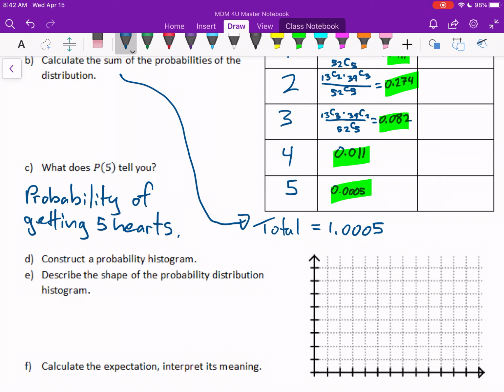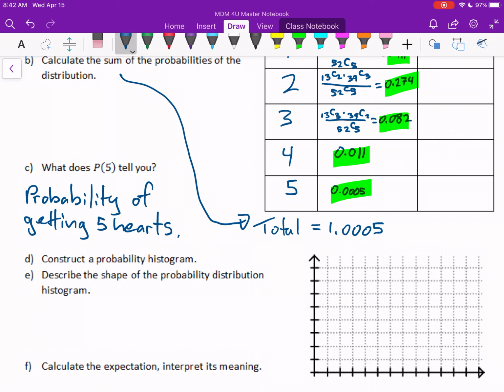It's possible. It's just not very likely. And as we can see from the probability from the table there, 0.0005 means that it's 0.05%. So about 1/20th of 1% probability of this happening. Not likely. 5 hearts would be, in terms of poker anyway, that would be called a flush. So the probability of just being straight out dealt a flush is quite small.